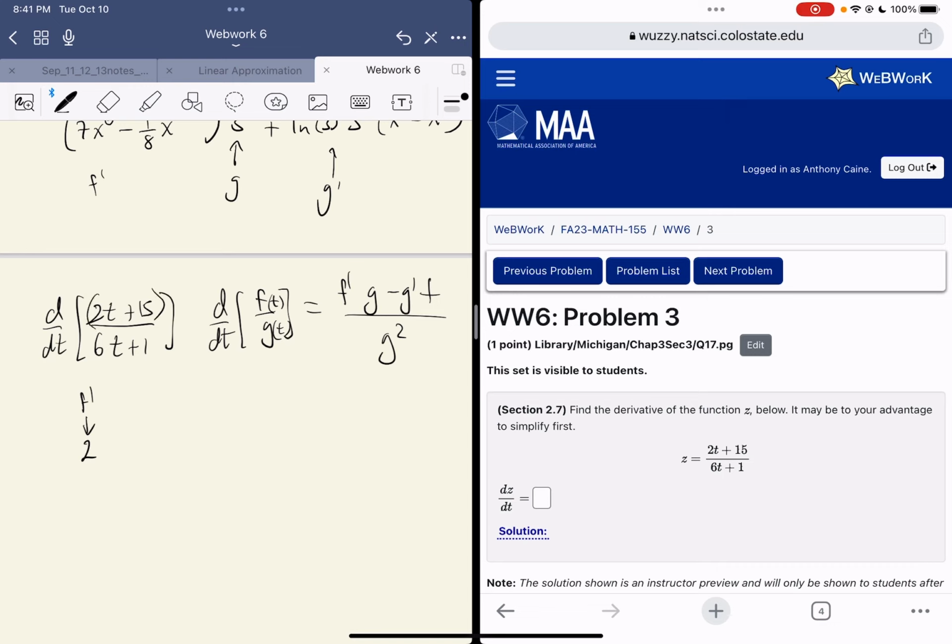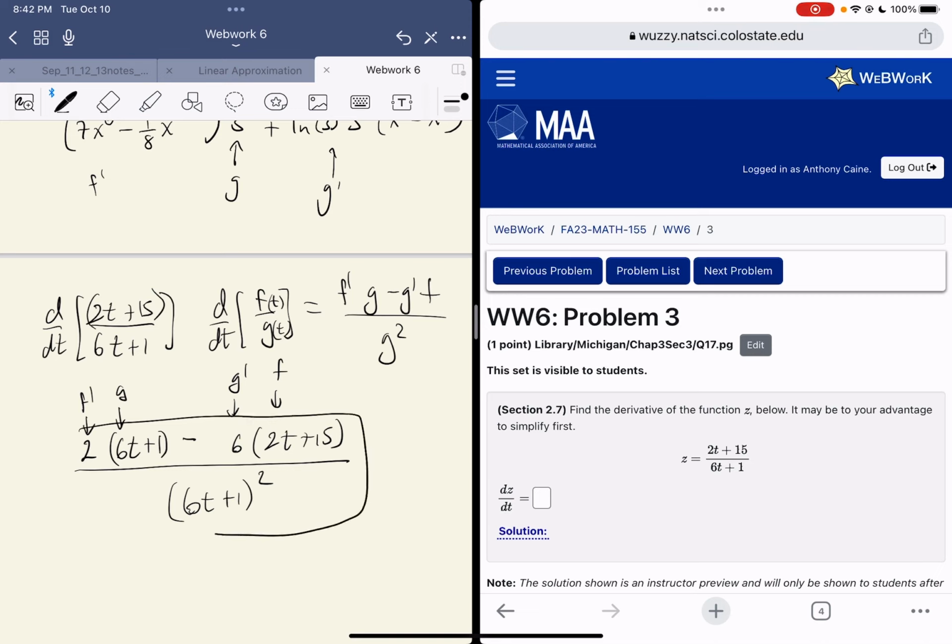That's the derivative of this whole top, times the bottom, g, so that's times 6t plus 1, and I put that in parentheses because we need to let the reader know the 2 distributes, minus, and then I have g prime, so that's just 6. All that times f, which is 2t plus 15. Sweet. So all that is over g squared, so that's 6t plus 1 squared. And so that'd be the answer. So that's the quotient rule, which I didn't talk about much, so we'll just review it from here on out.